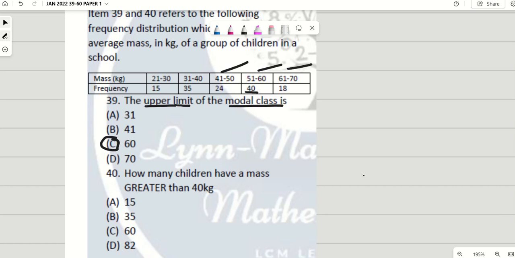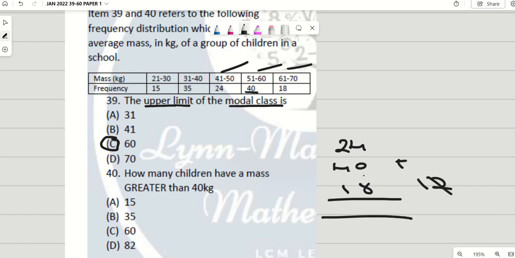So we have 24, that is 41 to 50. They say greater than 40, so it would not be 35. Plus 40 plus 18, right? Let's add this up. 8 and 4 is 12. So 8 and 4 is 12.